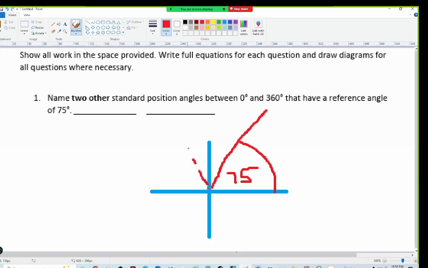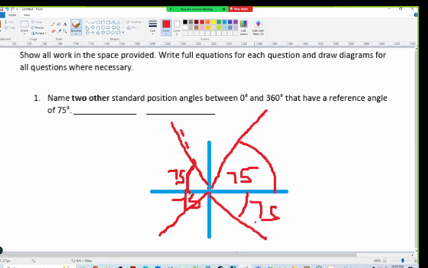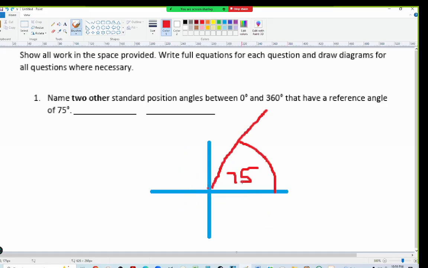Now, the secret is that in these other quadrants, a 75 degree exists. It's always going to be the angle between the x-axis and my new terminal arm. So there's a 75 here, there's a 75 here, and there's a 75 here. But those aren't 75s. That's the only one that's 75. Let's look at the second one. That's my main one.